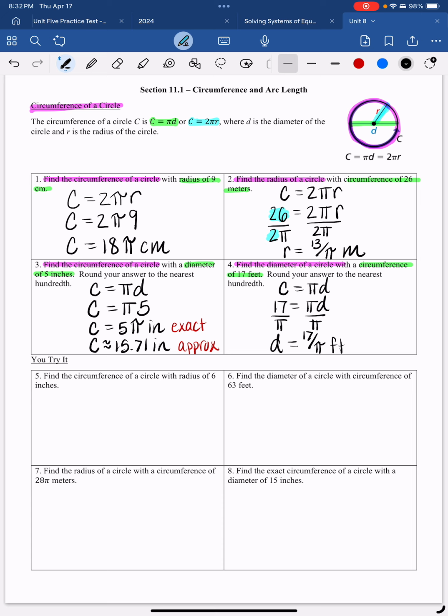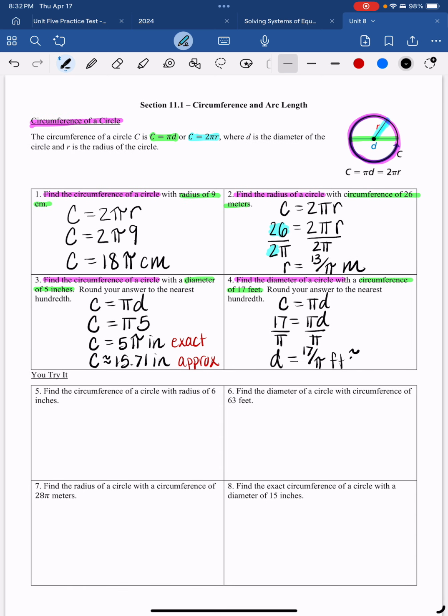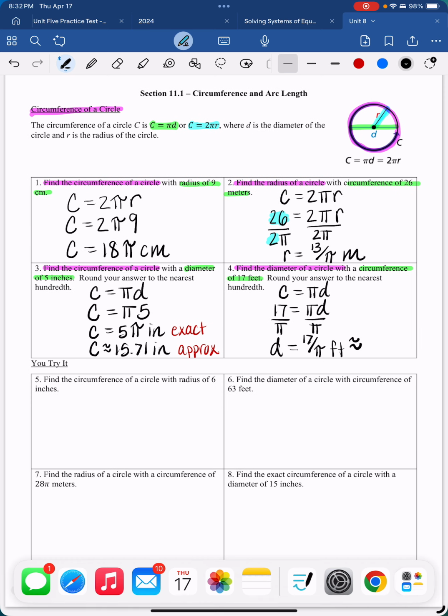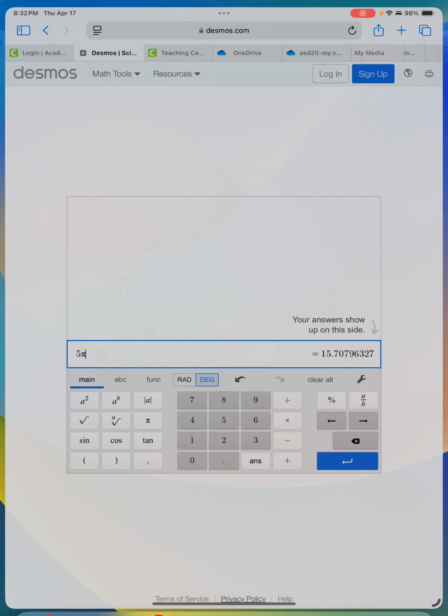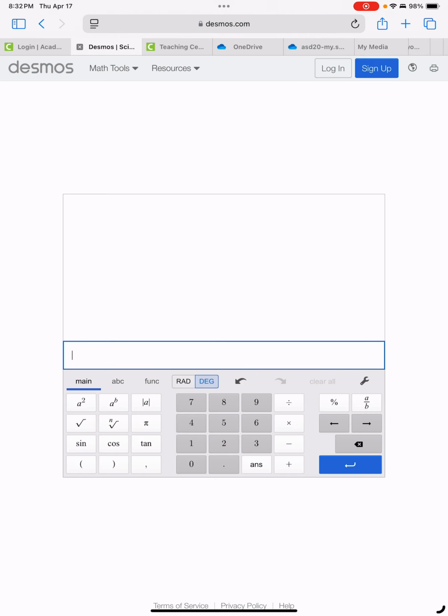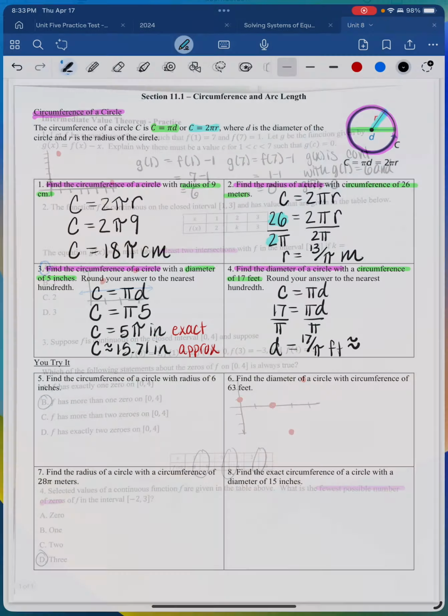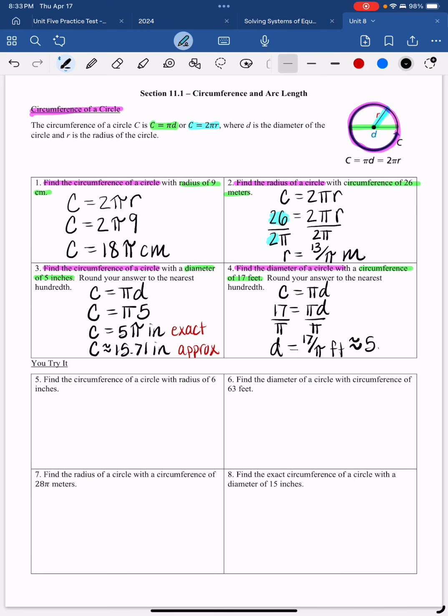feet. But we want to round that to the nearest hundredth. So if we put that into a calculator, 17 divided by pi gets us about 5.41. So that would be 5.41 feet approximately.